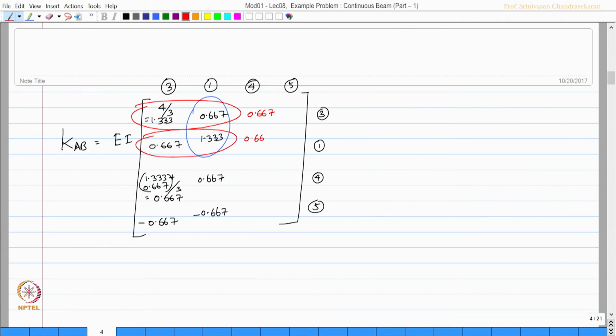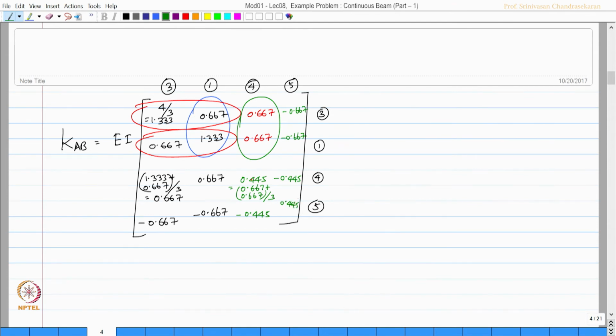So, 0.667, and this value is the addition of these two by L again, which is 0.445, that is 0.667 plus 0.667 by 3, actually 0.445, and this value will be minus 0.445, and the fourth column is just a reverse of this. So, it is going to be minus 0.667, minus 0.667, minus 0.445 and plus 0.445.